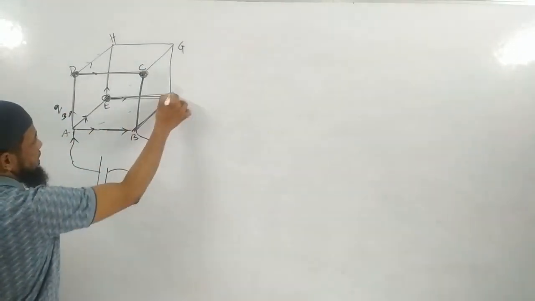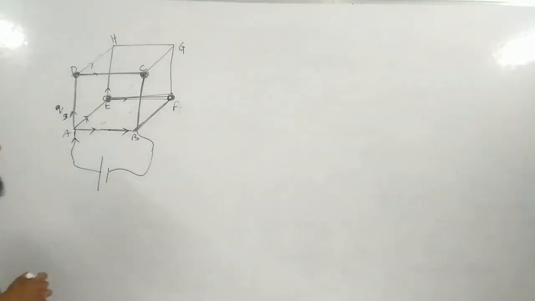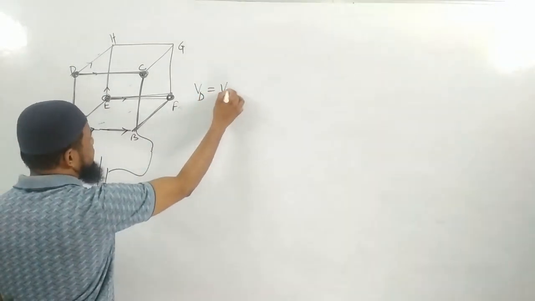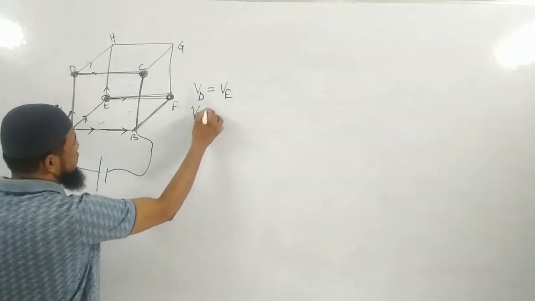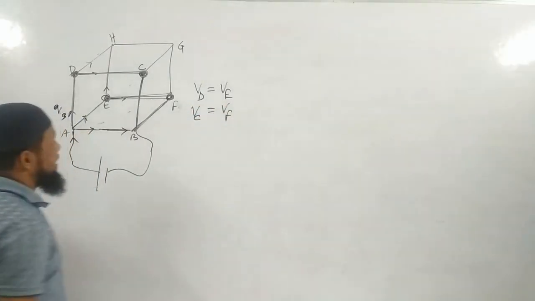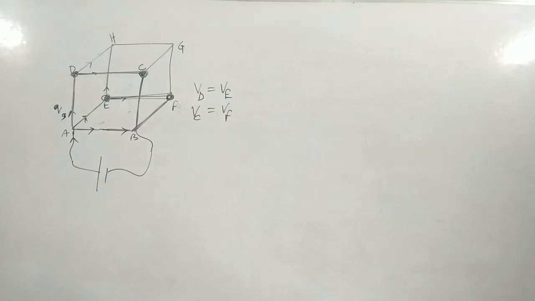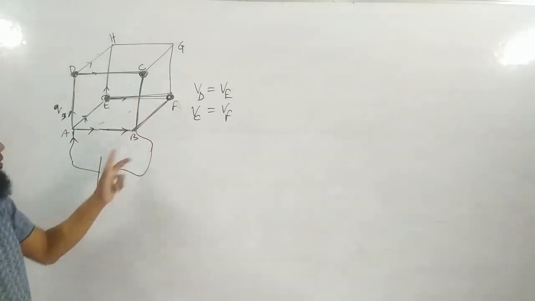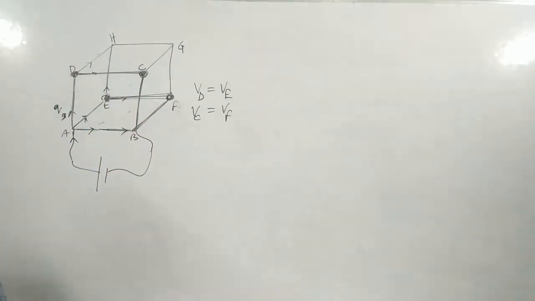Similarly, point C and point F are identical points. So potential at D should become equal to potential at E, and potential at C should become equal to potential at F. So these points can be joined, because this particular path and this particular path are exactly the same path.